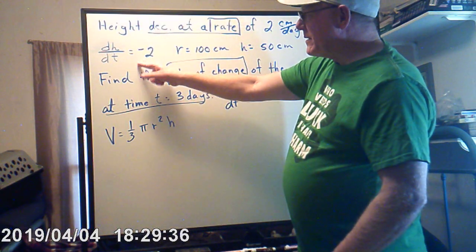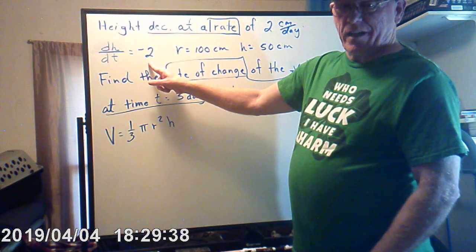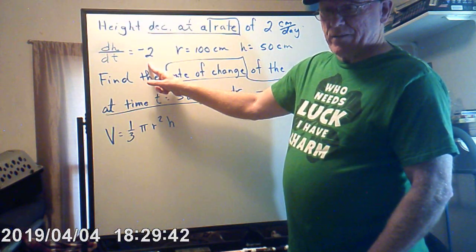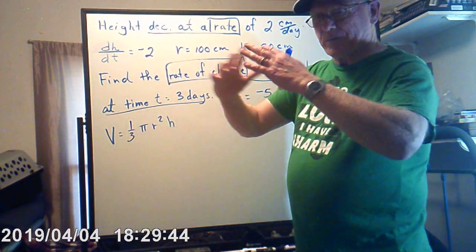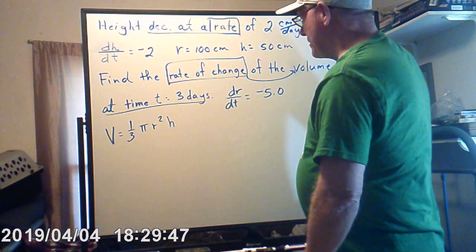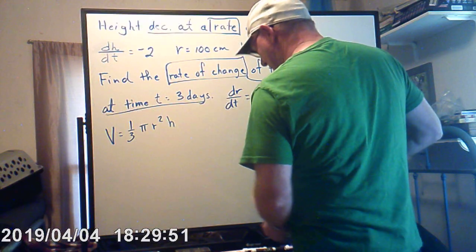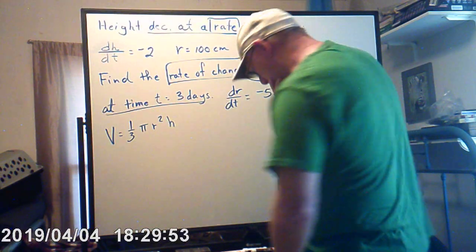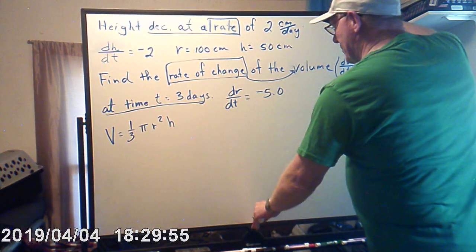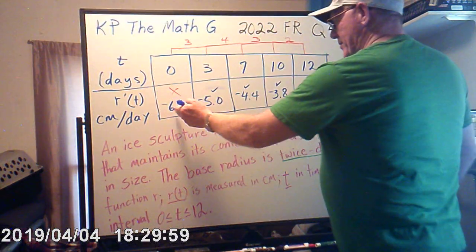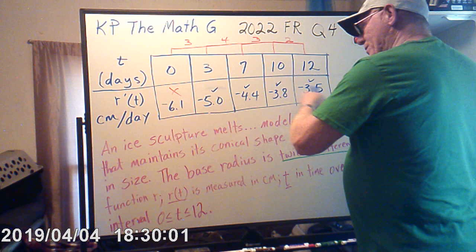dH over dt is constant. It's negative 2. And I'm thinking it's negative 2 throughout the melting process. That's what we're given here in this problem, right? But now what about dr over dt? Negative 6.1, negative 5, negative 4.4.